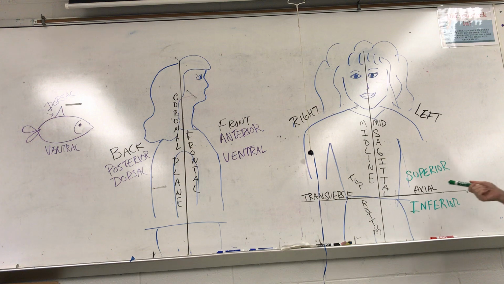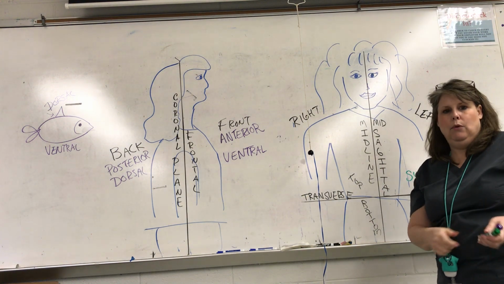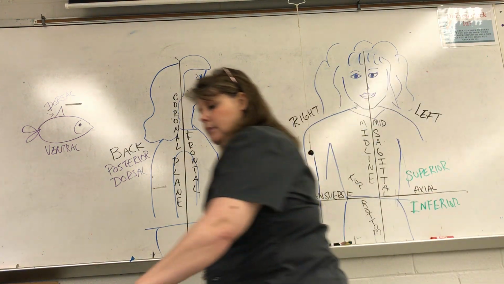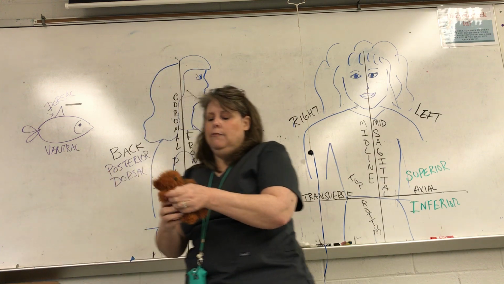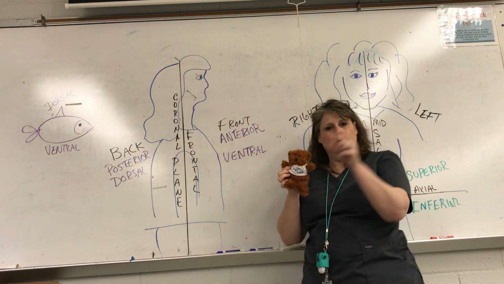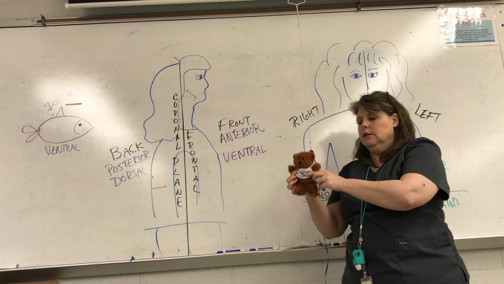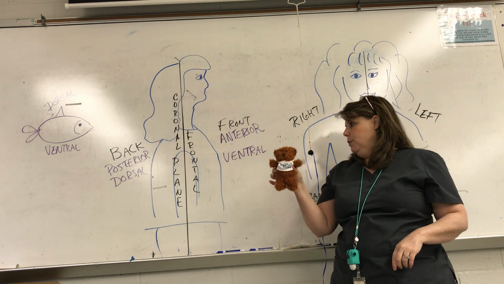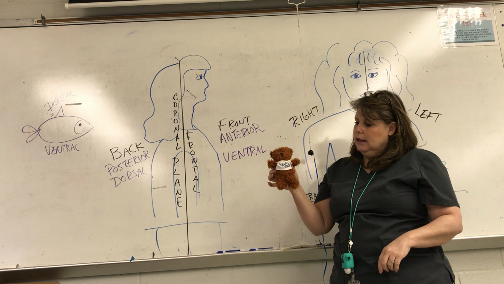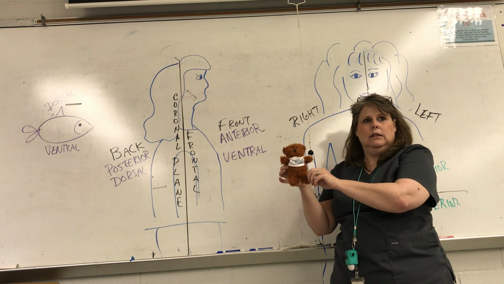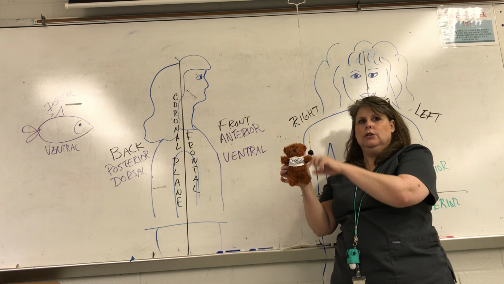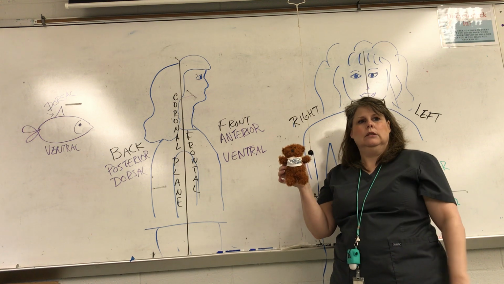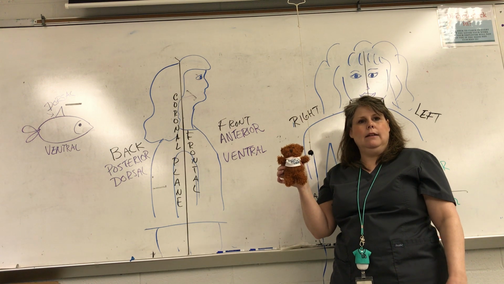So why is that anatomical position thing important? So if my little bear here, can you see the bear on the screen? So if my little bear here is standing in anatomical position and his feet are inferior to his ears, that's kind of obvious, right?